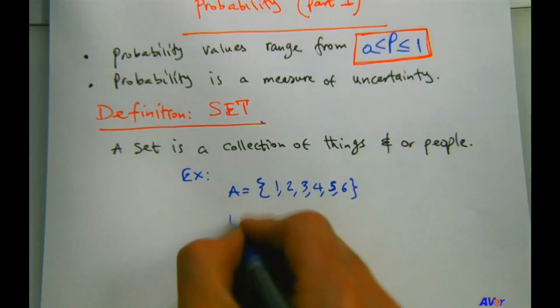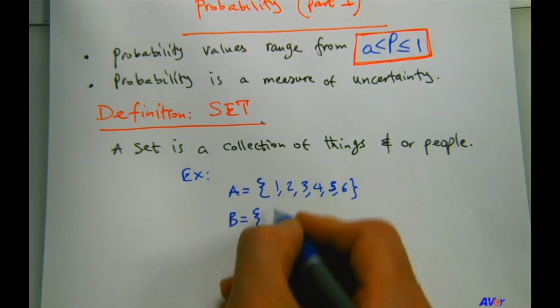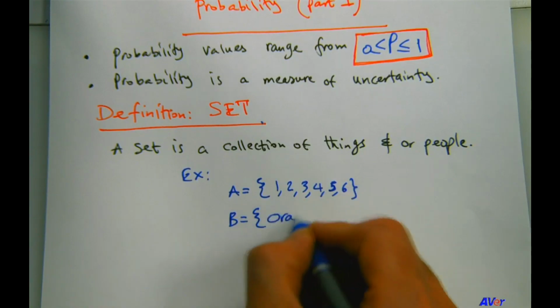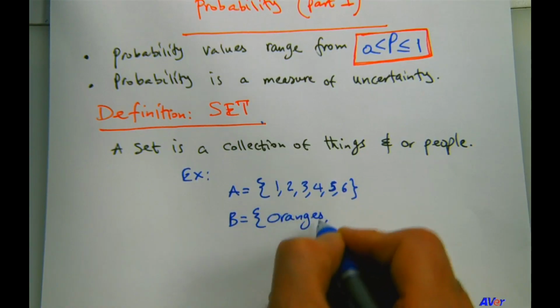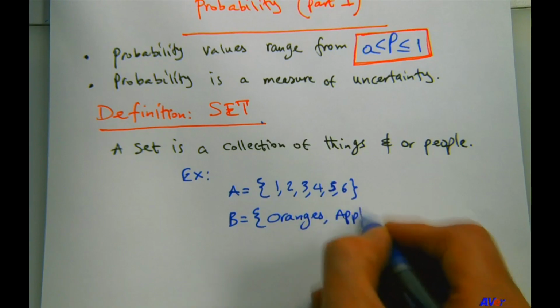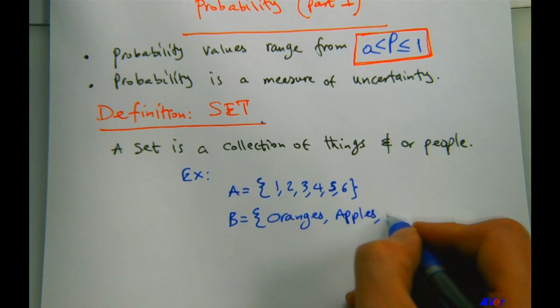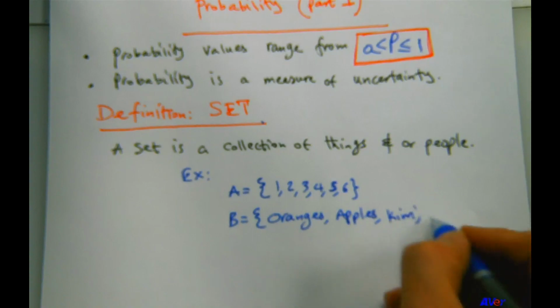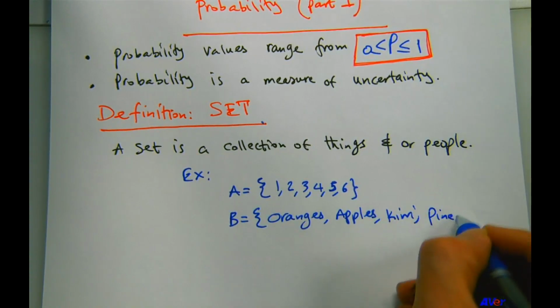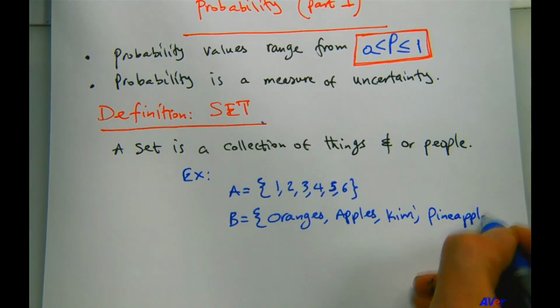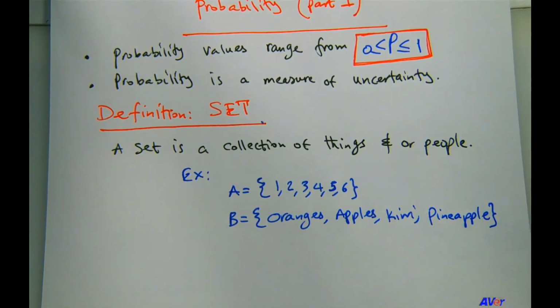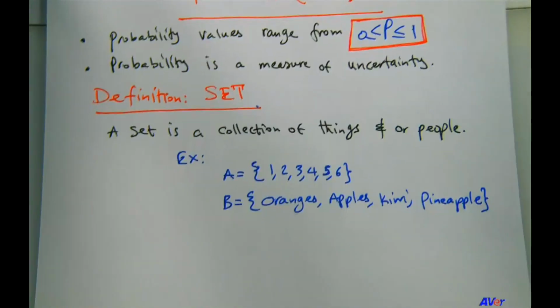Suppose we define another set, let's call it B, and this is a bunch of fruits, so oranges, apples, kiwi, and pineapple. Okay, so that's another set.